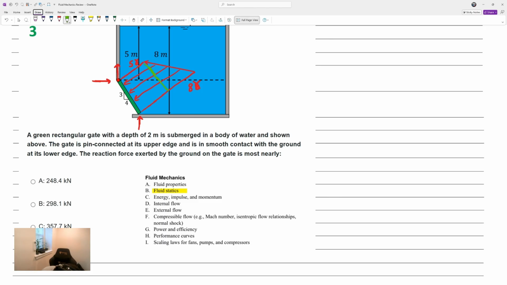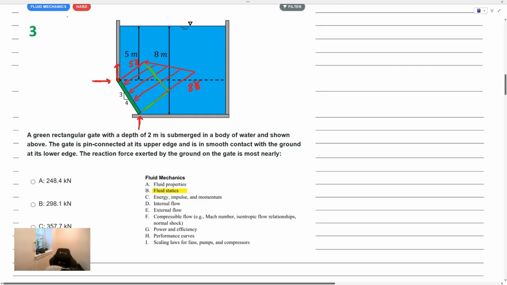Now, what is the force due to that rectangular contribution? If we think about the volume of that distribution, it has a height, which is right here. Height is 5 gamma. The length of the gate, let's call it L. So we just found the area right here.